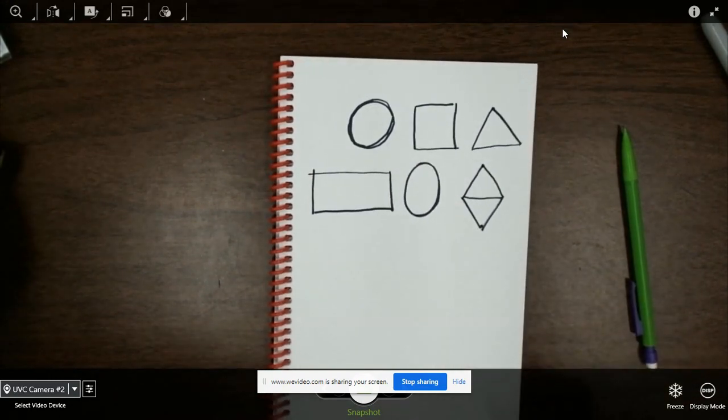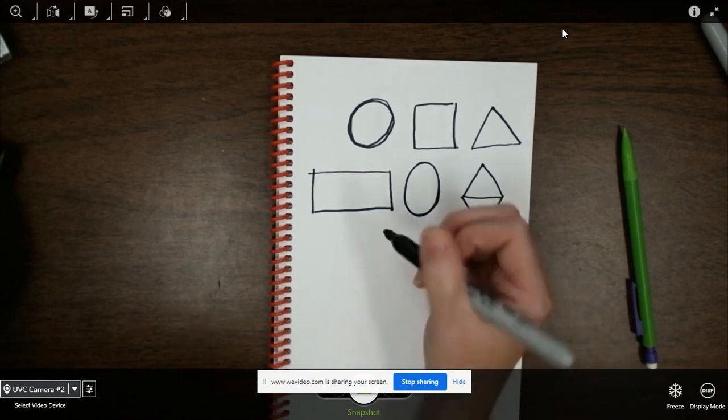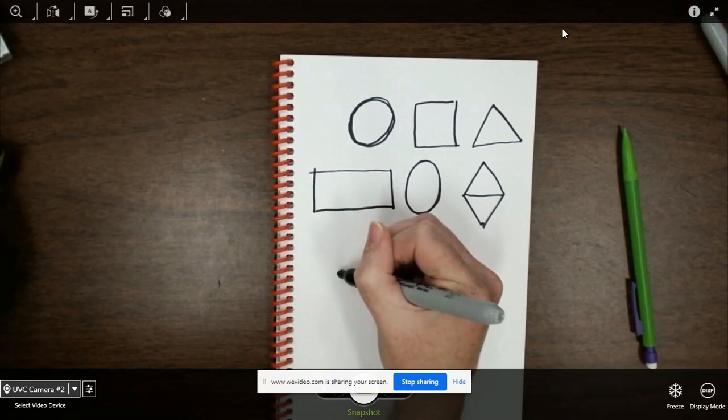Okay, let's try some more shapes. Let's try a heart. The bottom of the heart is a lot like the bottom of this rhombus, so I think I can do the same thing.